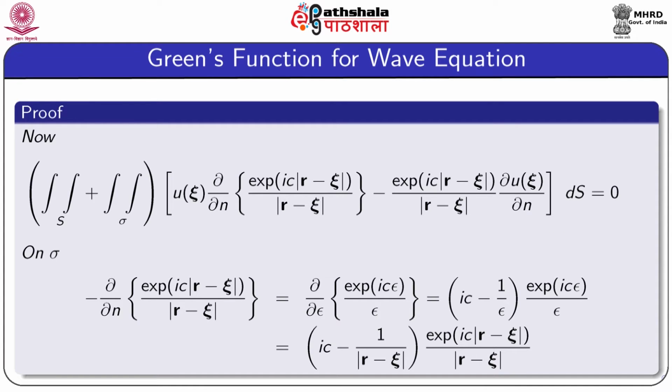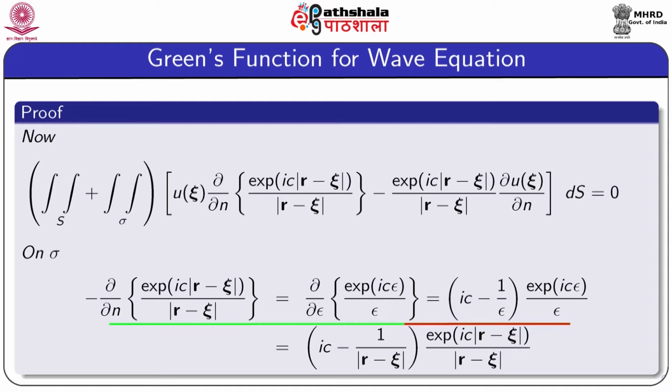Now, for this case on sigma, remember that sigma is the surface of the sphere and we also assume the radius of the sphere is epsilon. So, del del n of this expression, where n is the outward normal to the surface sigma, is for this case del del epsilon.